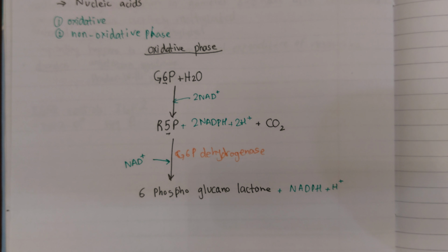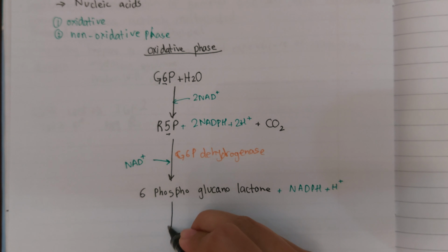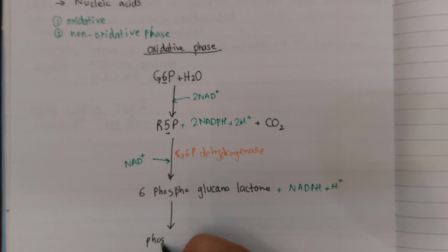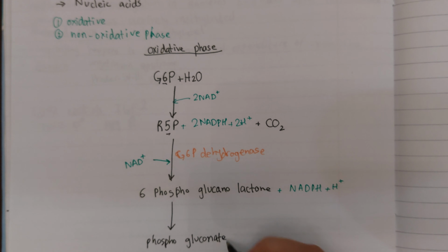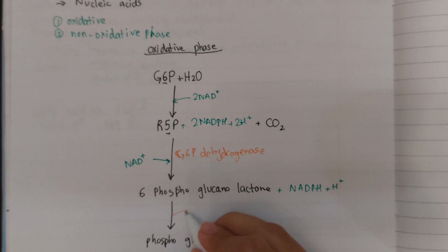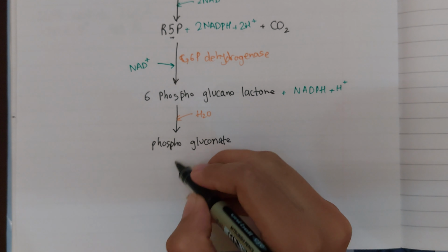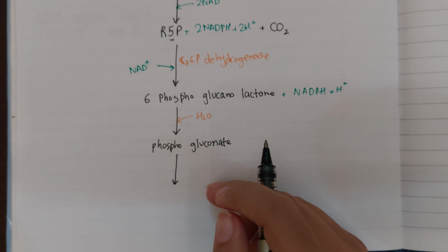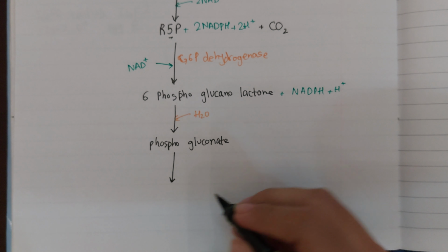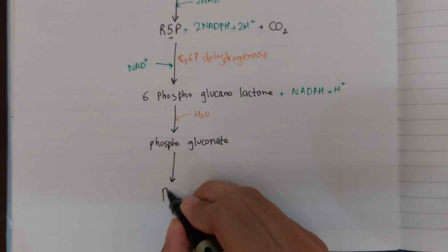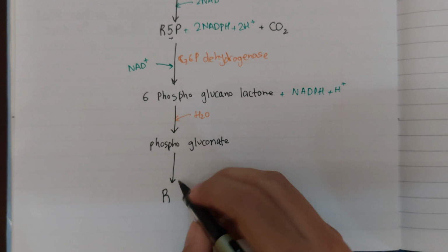And then through hydrolysis, phosphogluconate is produced. We know that in hydrolysis water is used. These are pretty basic reactions, straightforward, and they don't require much thinking or understanding.